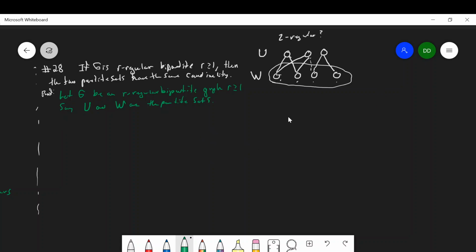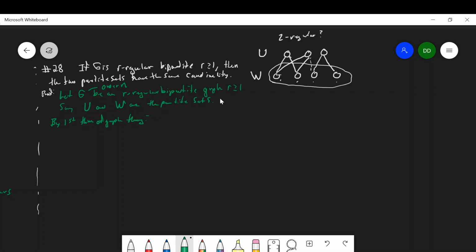So my proof strategy here is to add up the number of edges in 2 different ways. Actually before I do that, let's say G is a graph of order n, and U and W are the partite sets.